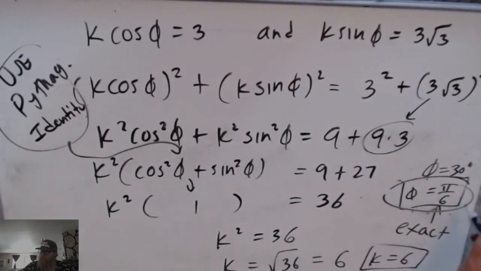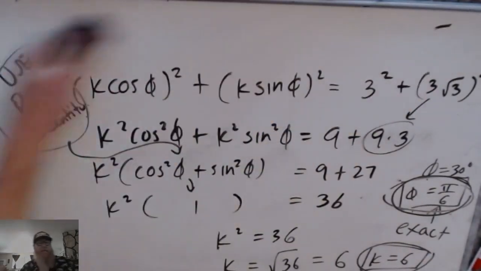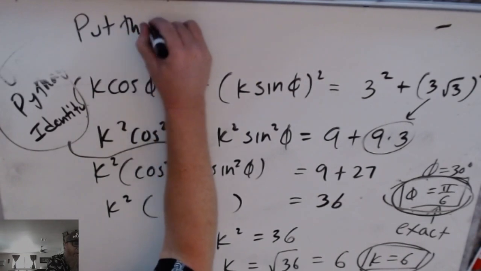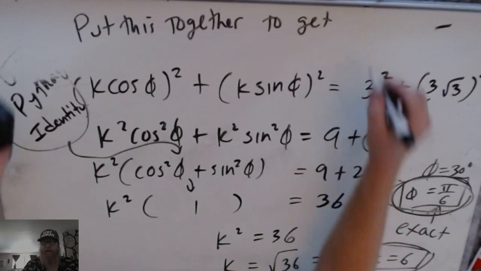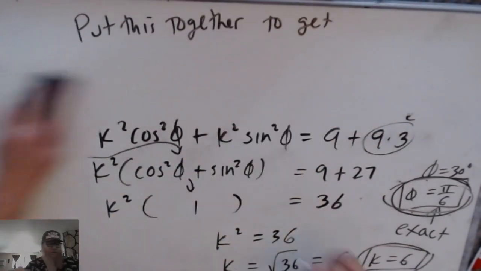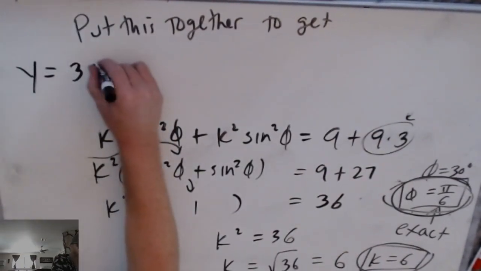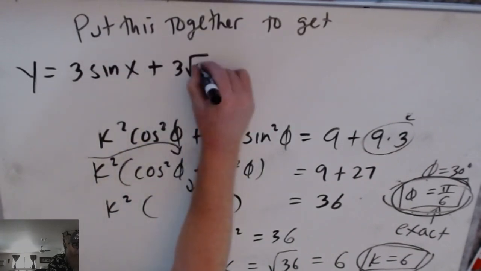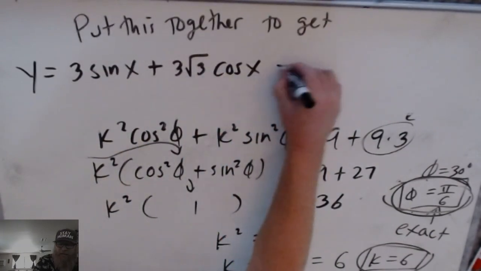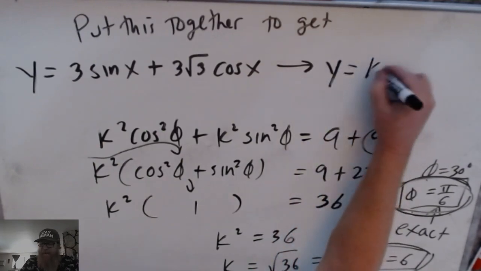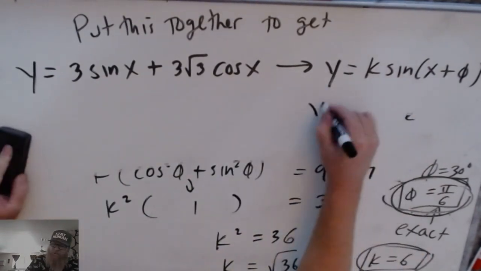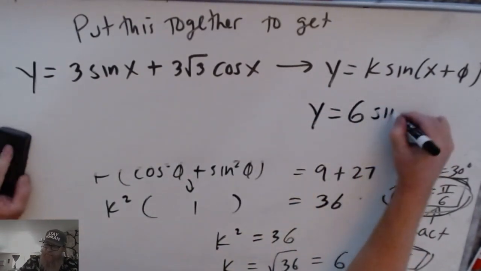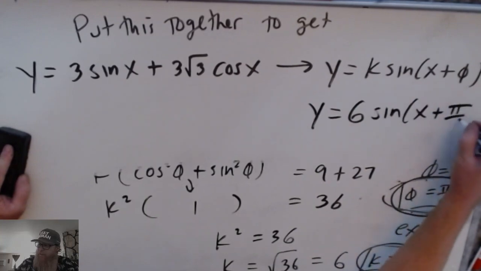So put these together. You've got your phi and you've got your k. So put this all together to get our answer. Y equals 3 sine x plus 3 radical 3 cosine x transforms into k sine of x plus phi, which is 6 sine of x plus pi over 6.